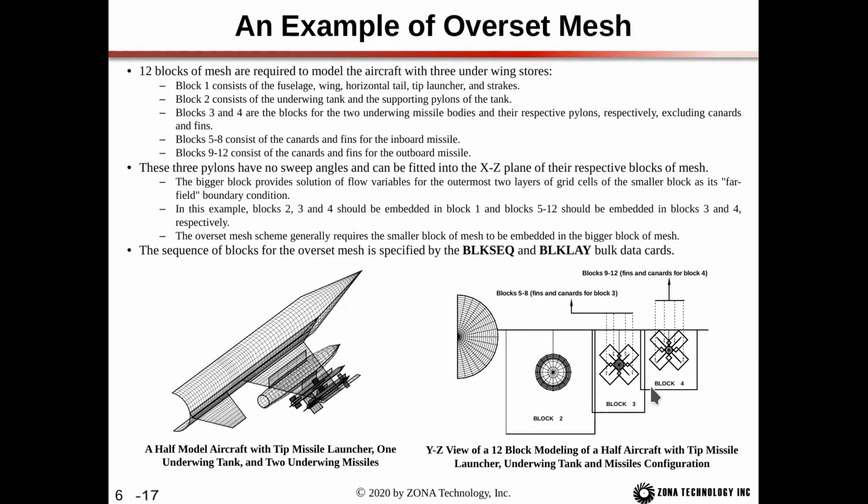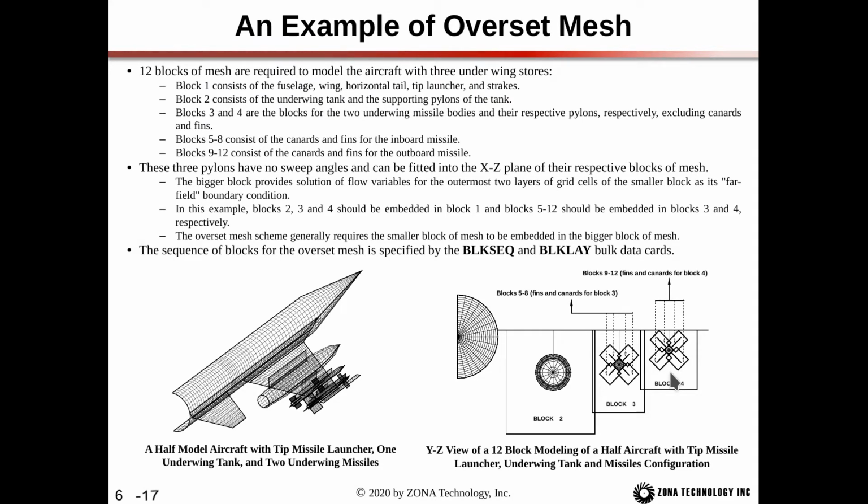Blocks 3 and 4 are the 2 underwing missiles with their respective pylons, but excluding the canards. And then blocks 5 through 8 here consist of the canards and fins for the inboard missile. So this block here, let's call this block 5, contains both the canard and the fin for this missile. And then blocks 9 through 12 consist of the canards and fins for the outboard missile.